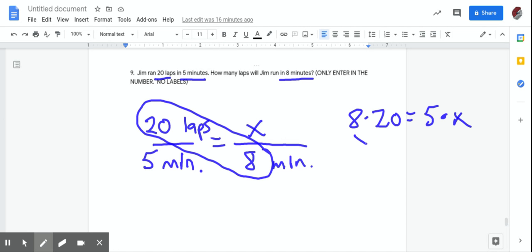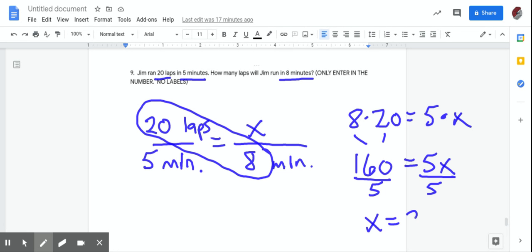And I know that 8 times 20 is 160 equals 5x. I'm going to divide by 5, and I have x equals 32 laps.